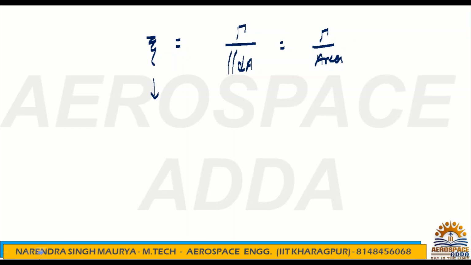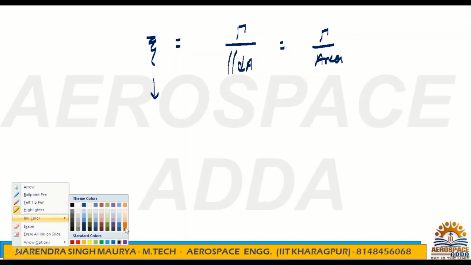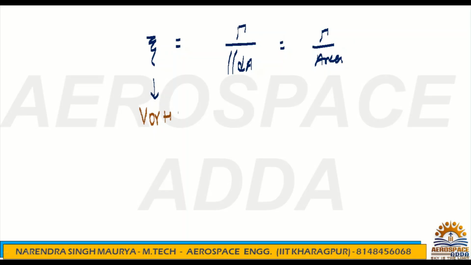So now you can also say vorticity also is circulation per unit area. That also you need to remember. This is the very important point you got here. So your vorticity or circulation, that relation you developed here. So basically circulation per unit area is also called vorticity. Okay, circulation per unit area also called vorticity, that you need to remember.